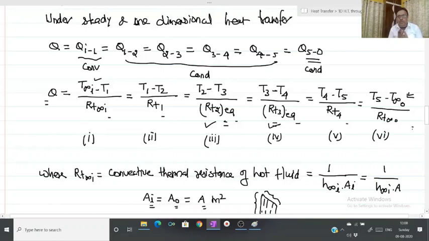So the solution to this problem is that I represent Q in terms of the temperature difference T infinity I and T infinity O, and under that condition the value of thermal resistance will be total thermal resistance.